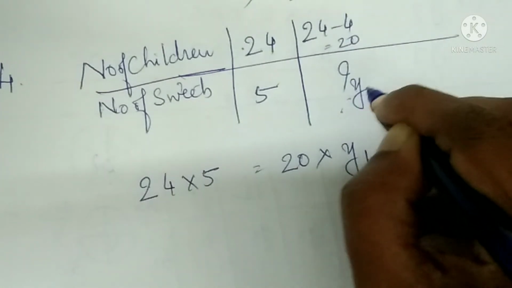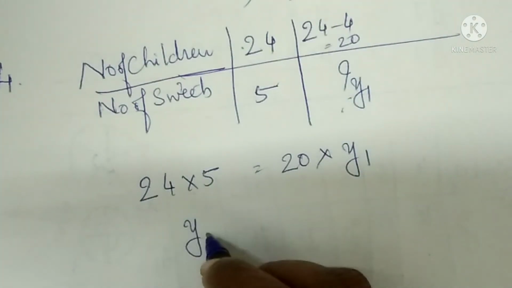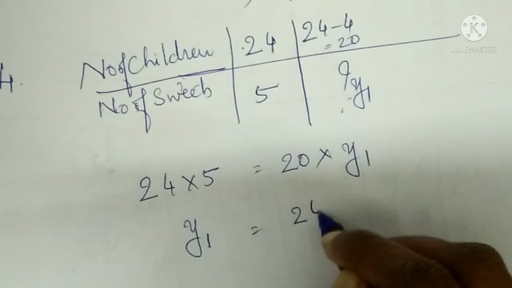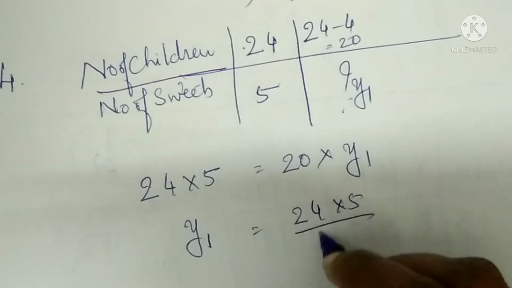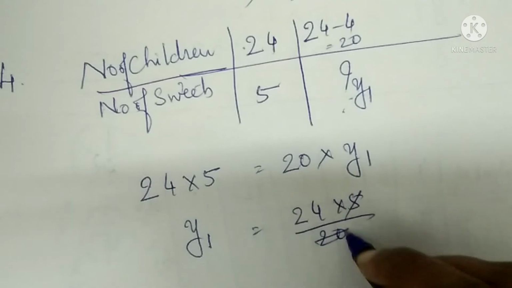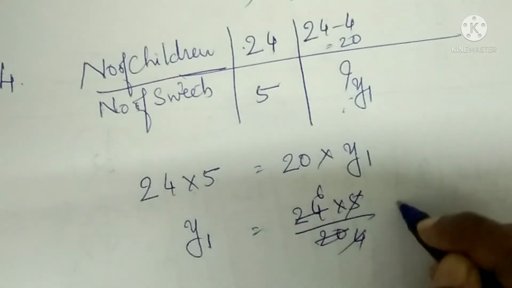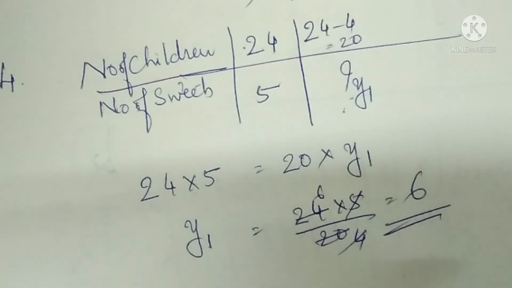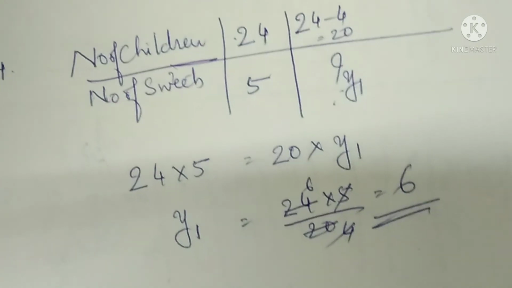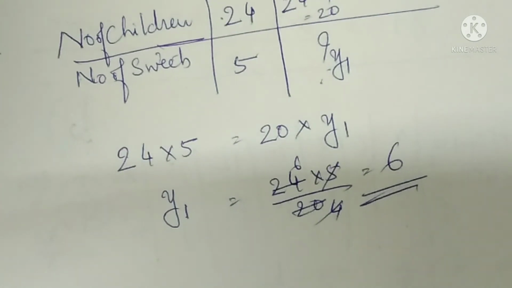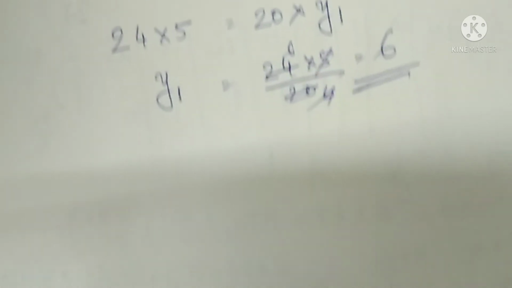So y1 is equal to 24 into 5 upon 20. 5 4s are 20 and 4 6s are 24. So if the number of children becomes 20, then each one will get 6 sweets. And if there are 24, then each one will get 5 sweets.